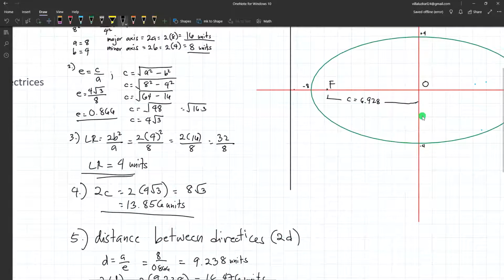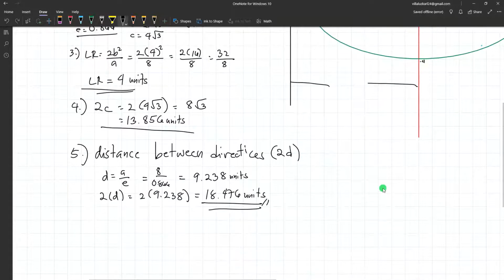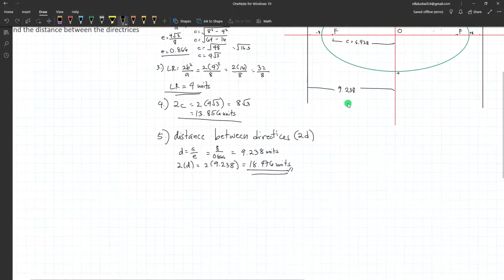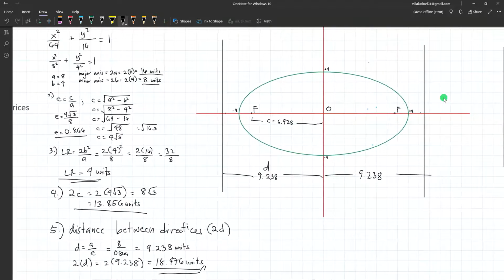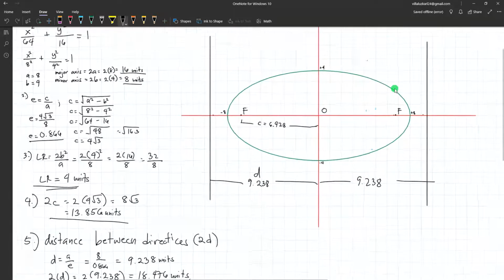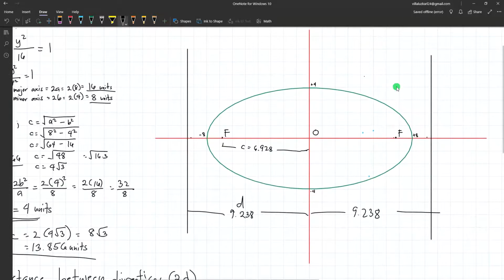The directrix is 9.238 from the center. Okay, that's your D, for a total distance of 18.476. So that's how you draw an ellipse. Next problem.